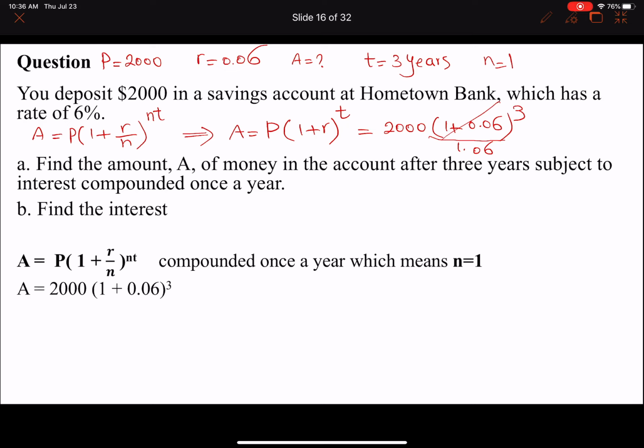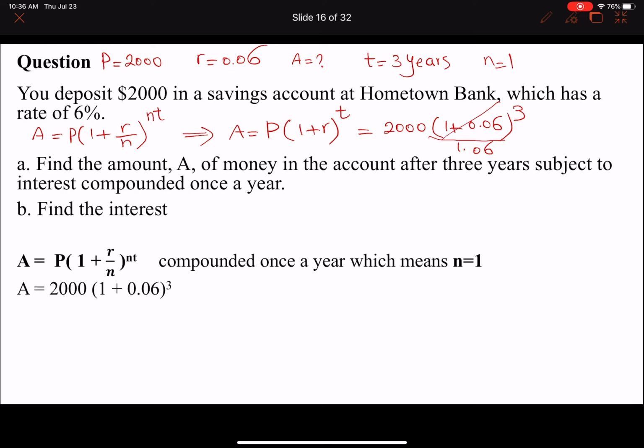First, I have to find out the value in the bracket, then calculate to the power of 3, the exponent. 1.06 to the third power, whatever it is, multiply the result by 2,000.